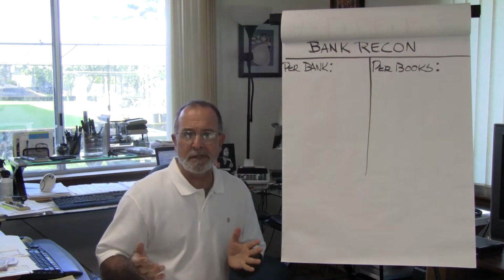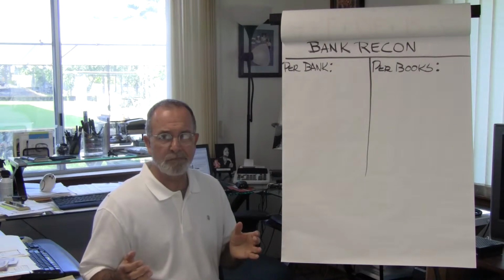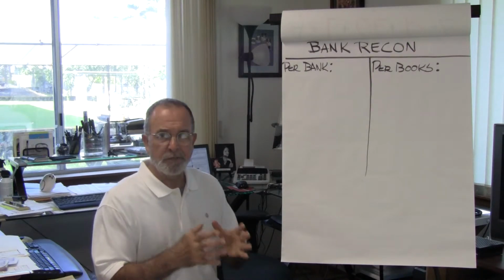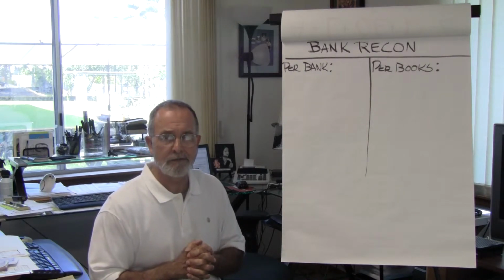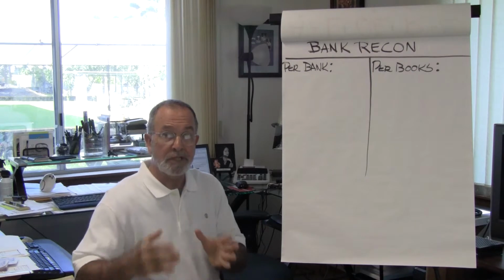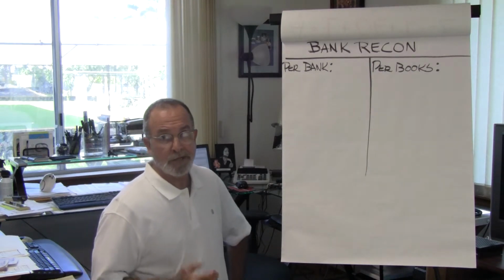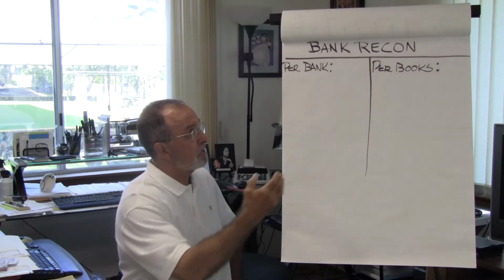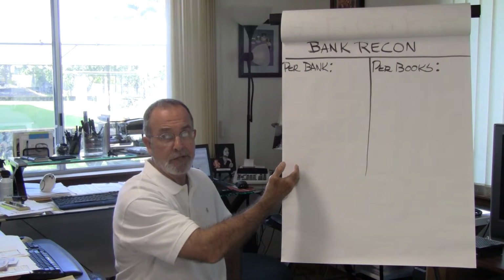But sometimes it may be a weekend, or it may be a holiday, or it may be some reason beyond our control where the deposit doesn't actually get to our bank for deposit until the beginning of the next month. So that would be another example of a reconciling item between what we show in our books and what our bank shows on their records.